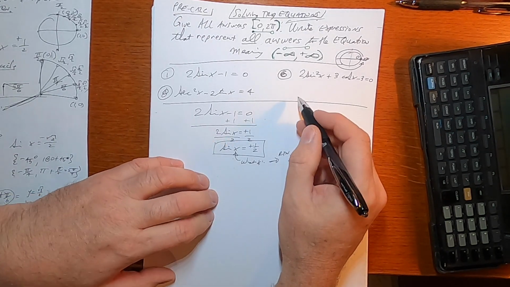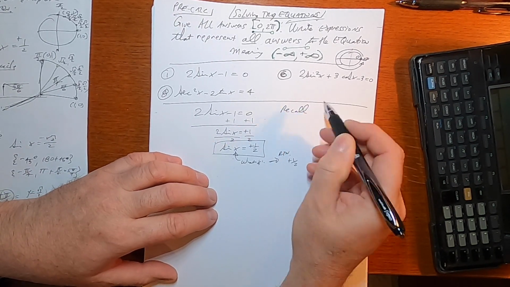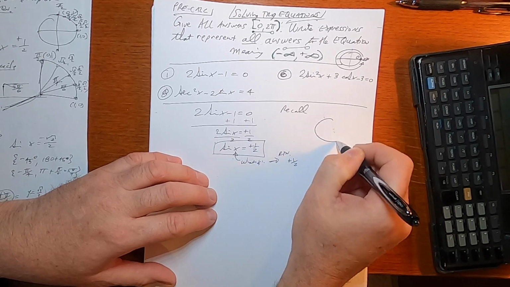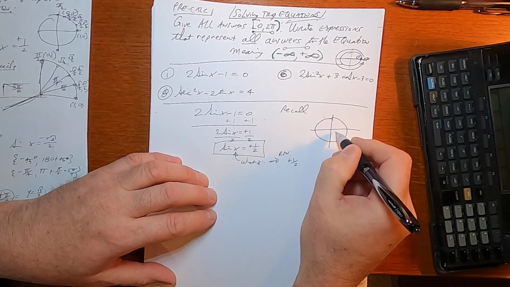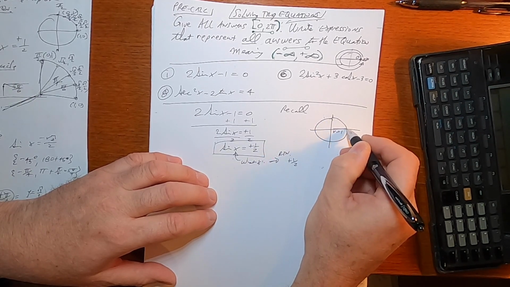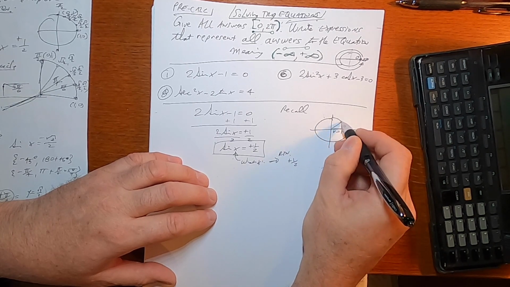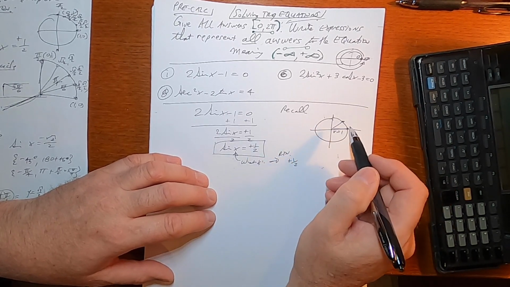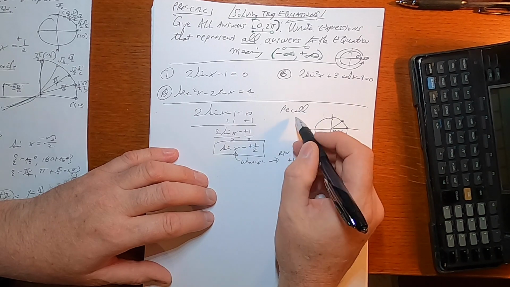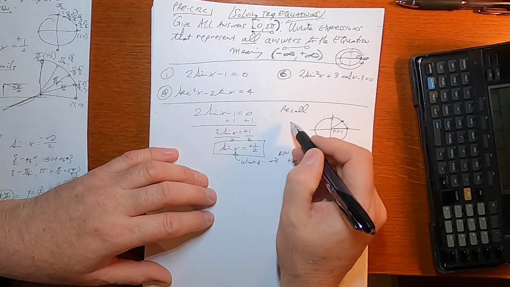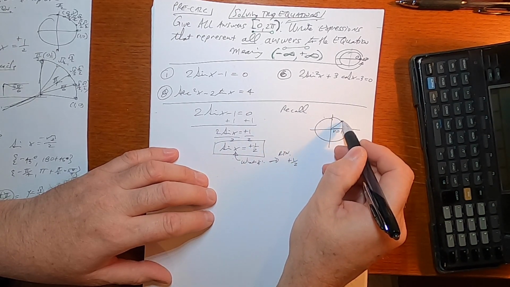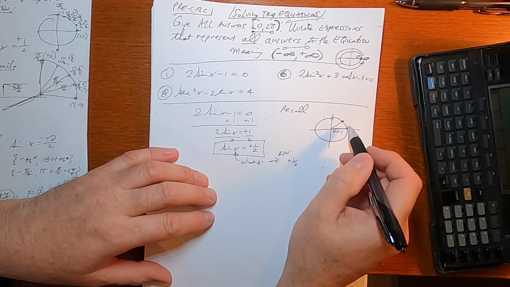Well, recall now that on the unit circle the radius is 1. So if I'm up here somewhere, I'm going to be given a y and x position.